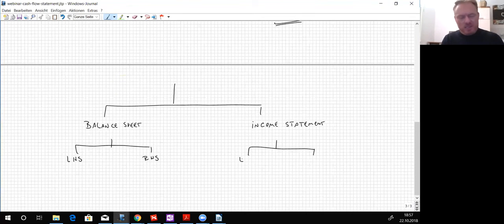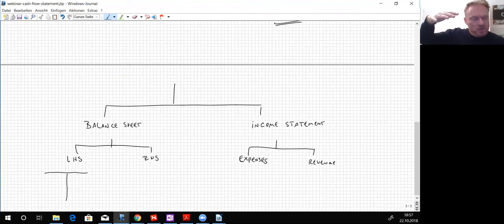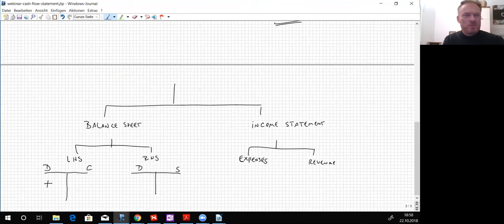On the left-hand side, you can see expenses, whereas on the right-hand side, there is revenue and gains. If we consider it to be a T account, there's the debit side and the credit side, and that's truly important.